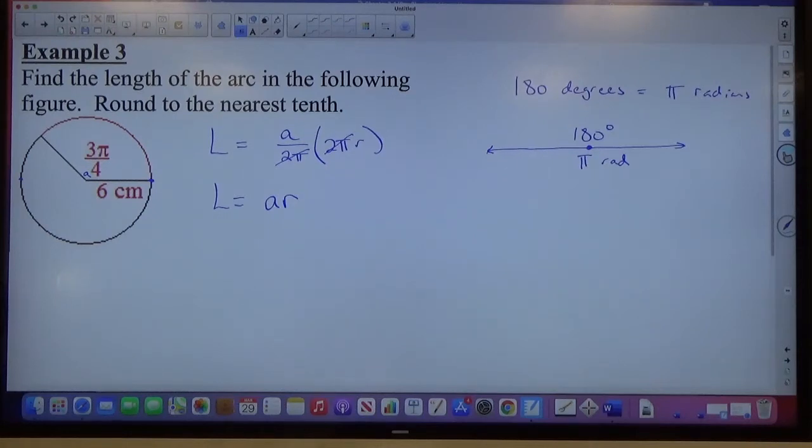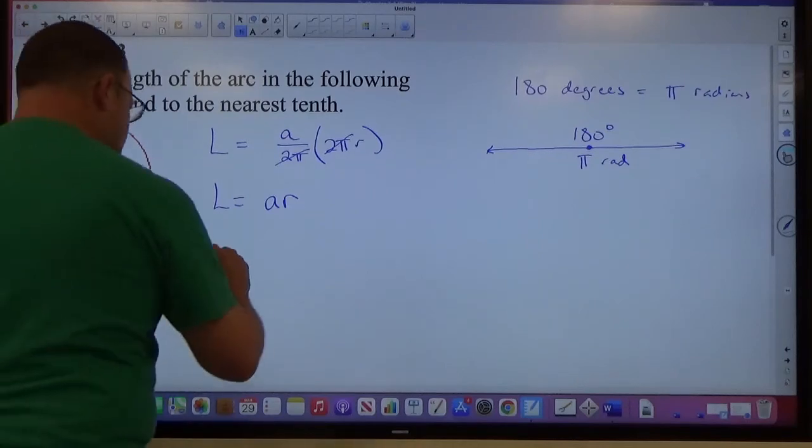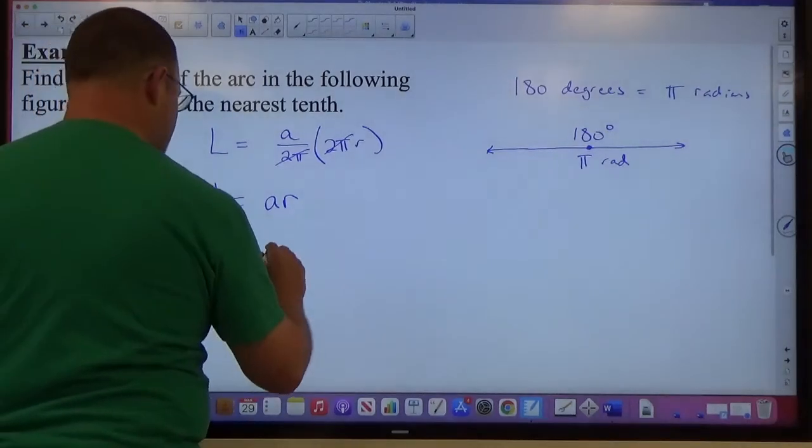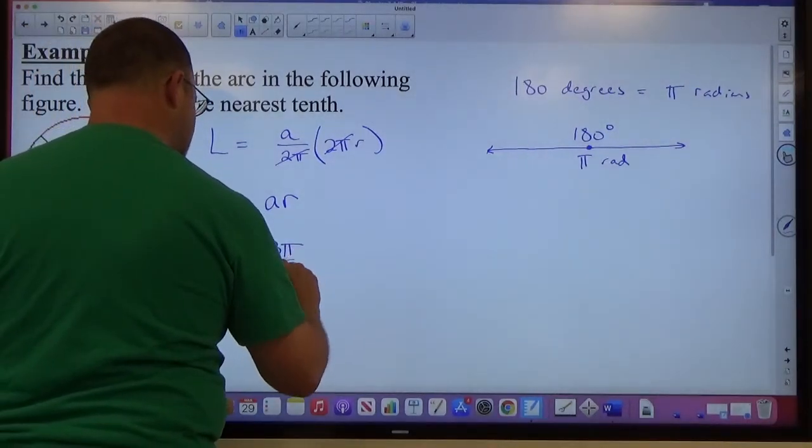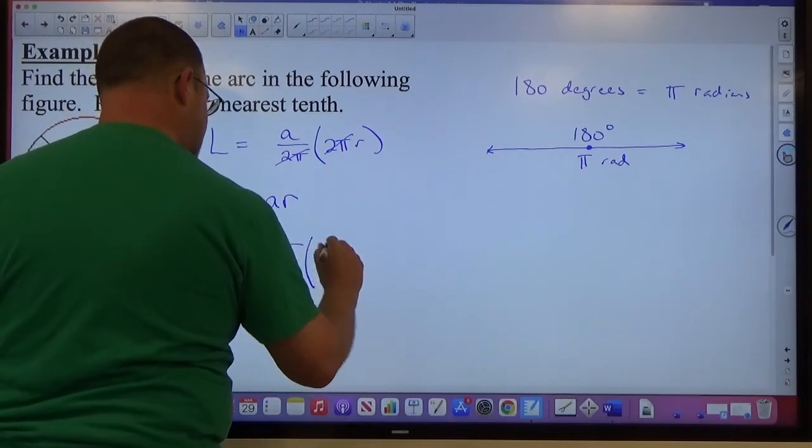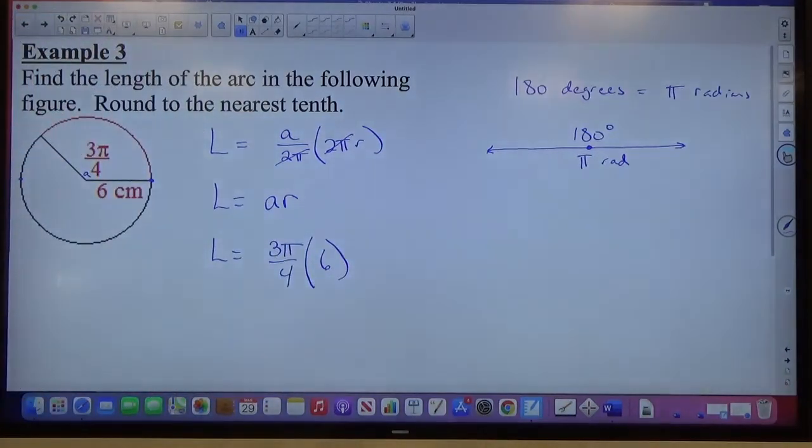So if we know the central angle and we know the radius, we simply multiply those together. So the arc length in this case is going to be 3 pi over 4 times 6. Again, it says round to the nearest tenth.